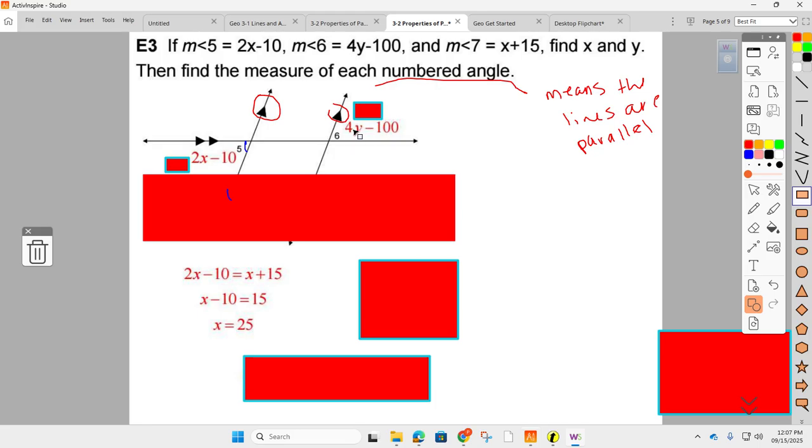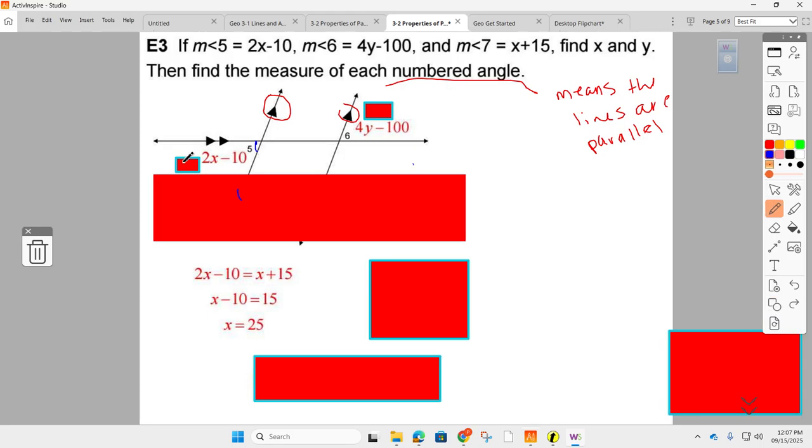Angle 5 and angle 6 are alternate exterior angles, right? What do we know about alternate exterior angles? Didn't we know? You just wrote it down. What do we know about alternate exterior angles? They're congruent. So we know the measure of this angle equals this one. So I got an x and a y.